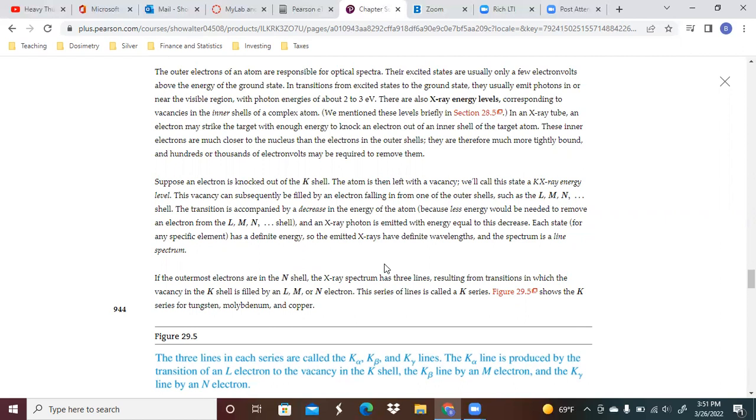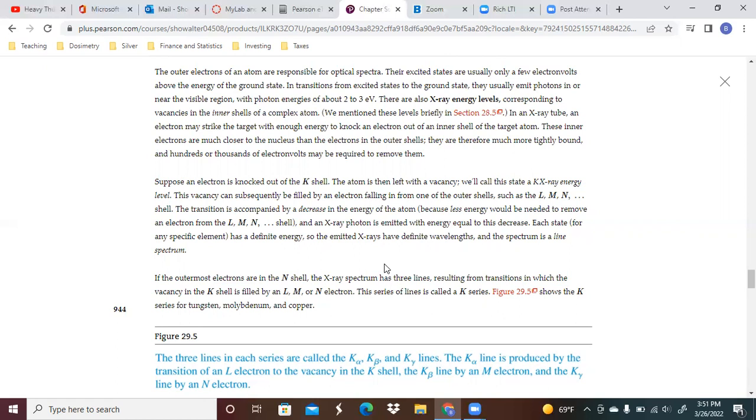There are also X-ray energy levels corresponding to vacancies in the inner shell of a complex atom. In an X-ray tube, an electron may strike the target with enough energy to knock an electron out of an inner shell. These inner electrons are much closer to the nucleus than the electrons in the outer shell. They are therefore much more tightly bound, and hundreds of thousands of eV may be required to remove them.